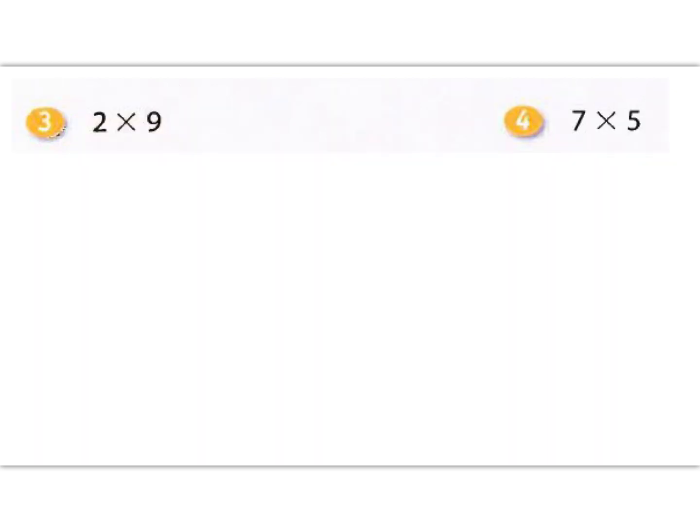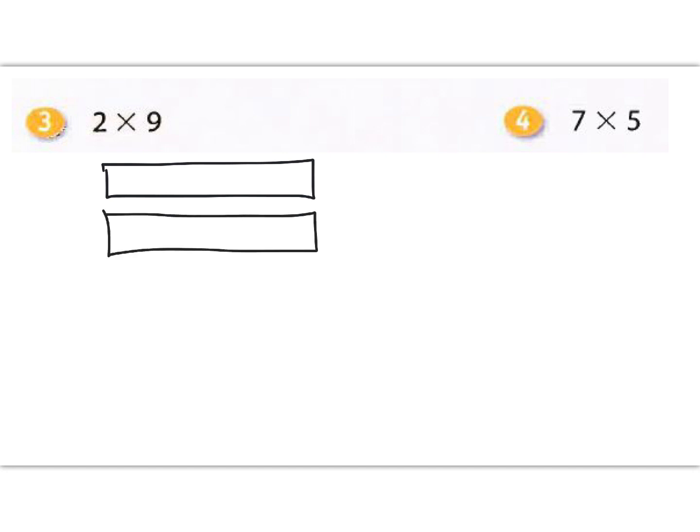2 times 9. What I suggest when you're starting to do these problems, when you're learning multiplication, is to just draw it out. So we're going to make 2 groups of 9. We're going to have 1 group and then 2 groups, and we're going to fill it in with 9 shapes. I simply did dots. I did 9 dots and then another 9. If I skip count, I get 18.